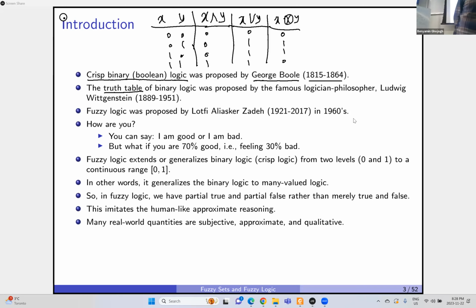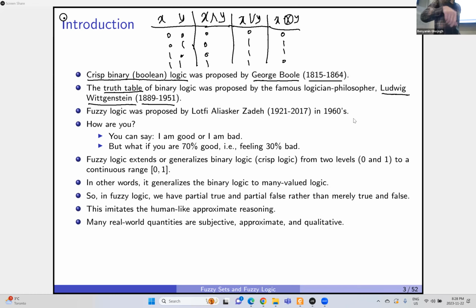Who proposed the truth table? Again, everything goes back to a philosopher, right? It was proposed by Ludwig Wittgenstein. He was a philosopher who contributed to logic, a logician-philosopher of the previous century, one of the most famous philosophers in the world. I think he became a professor at the University of Cambridge.